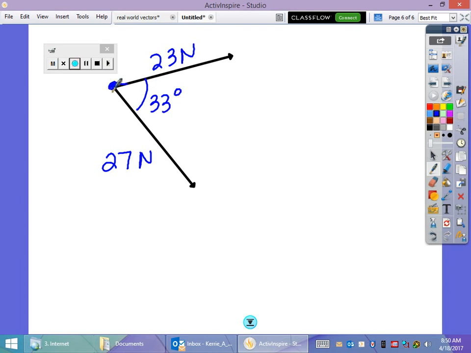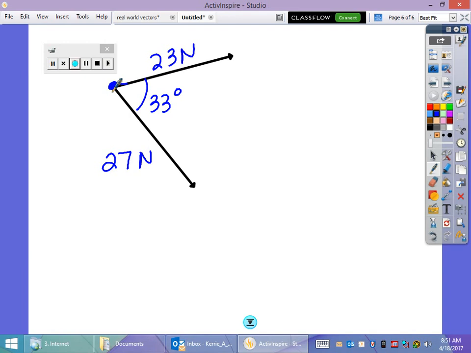Who remembers my one rule about vectors and finding the resultant vector? Terminal needs to touch an initial, right? So right now that doesn't work. They both start at the same location.